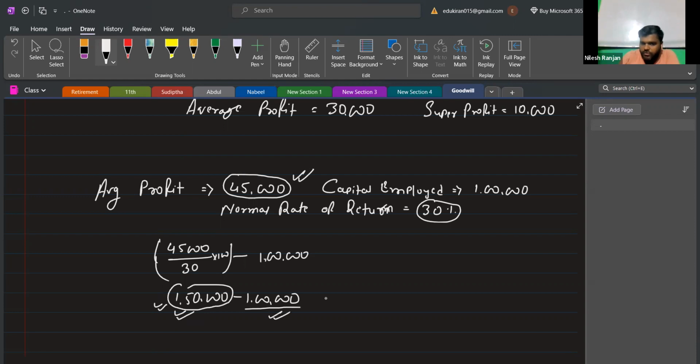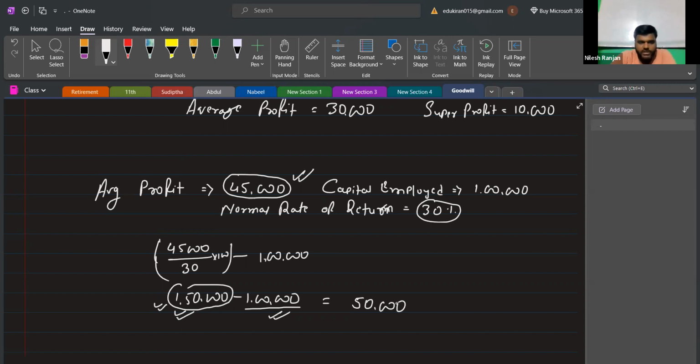So we have invested 50,000 less than the required amount. This is our goodwill. We have invested less in the business, but we are earning equal to 1,50,000. So that is our goodwill, 50,000. Is this clear? Yes, sir.